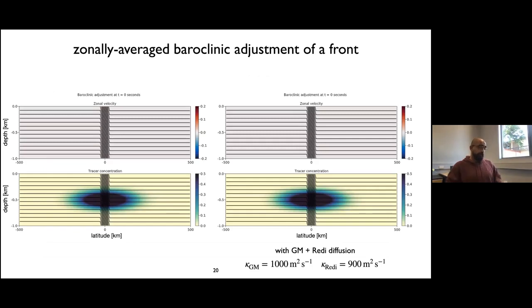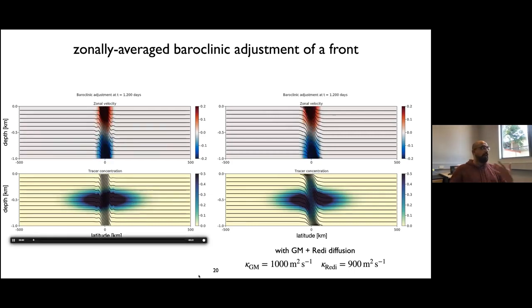Here I'm showing you a 2D version of the same problem. There are no eddies at this time because this is just zonally averaged. There's no longitudinal extent. On the left, I'll show you what happens if I don't include any parameterization, and on the right, what happens if I include some GM and some Redi diffusivity.